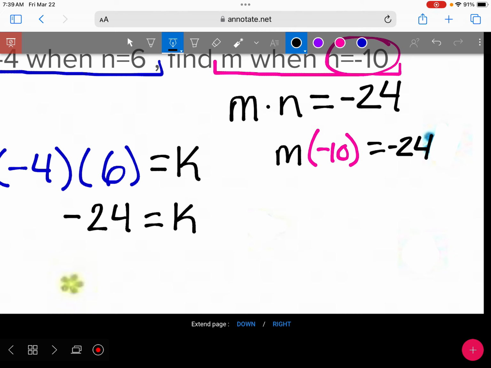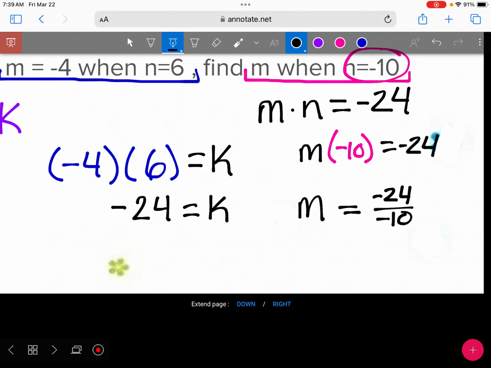Divide by -10. Yeah. So our m is going to be -24 over -10. So we're going to divide both sides by -10. Which you can either do as a decimal, or we can simplify these fractions to get 12 over 5 or 2.4. I don't care if we put it as a decimal or a fraction.